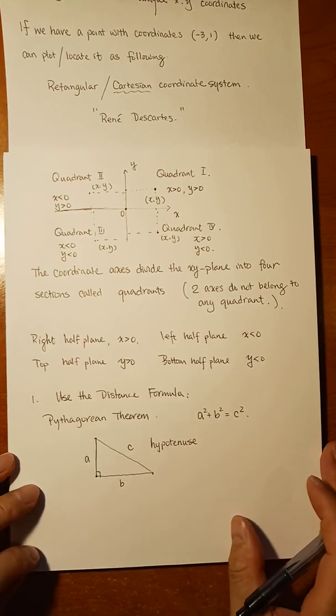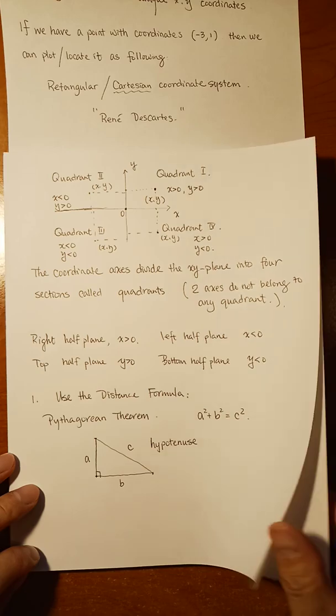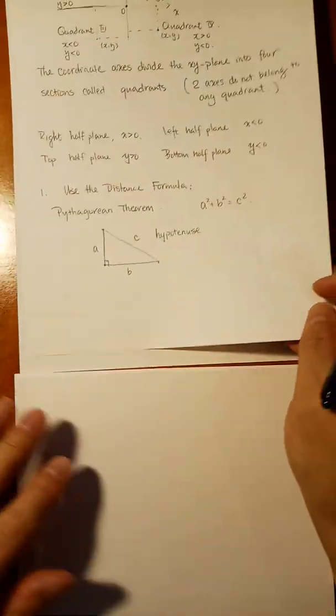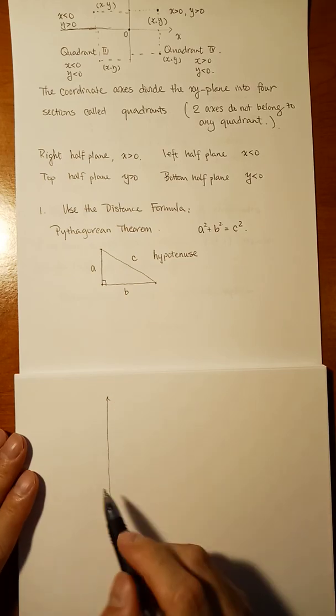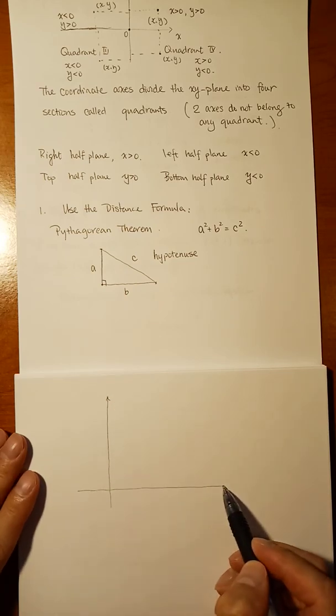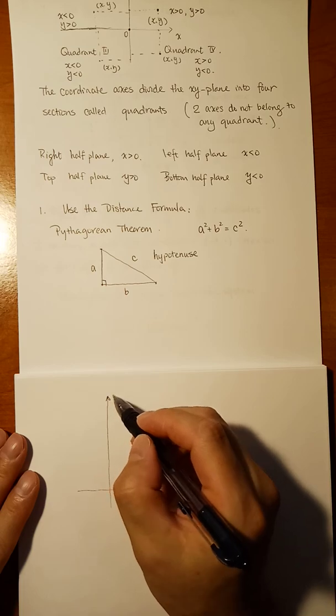Now let's build the distance formula. What is a distance formula? Assume we have a coordinate system. The distance formula works for all pairs of points.